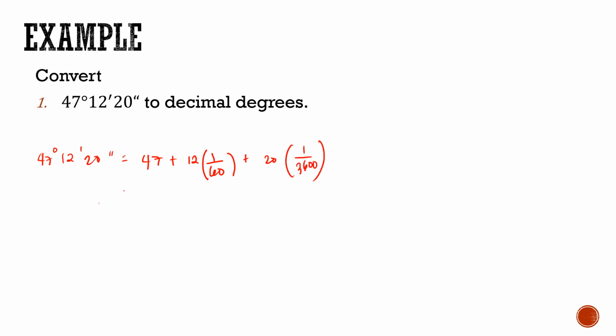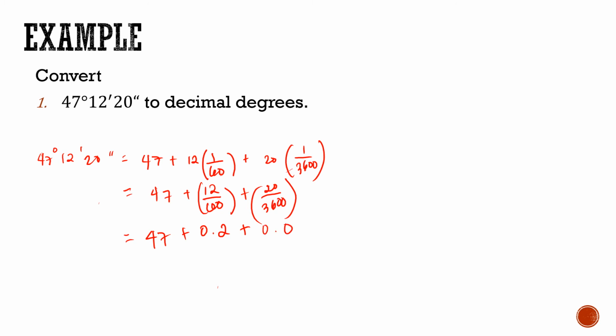This will become 47 plus 12 over 60 plus 20 over 3600. So we have 47 plus 12 divided by 60 is 0.2, plus 20 divided by 3,600 is equal to 0.0056. This is a repeating decimal.